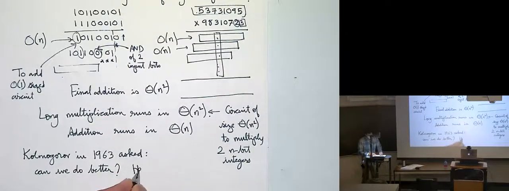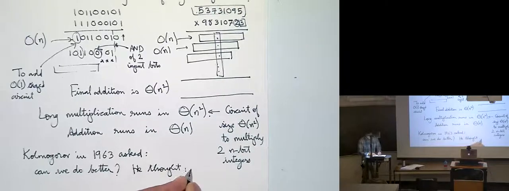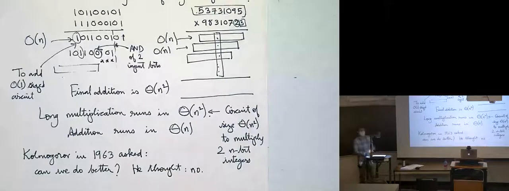And he thought the answer was no. He thought that this is the best you can do. That is, if you want to multiply two n-bit integers, you need a circuit which is quadratic size. Does the question make sense?